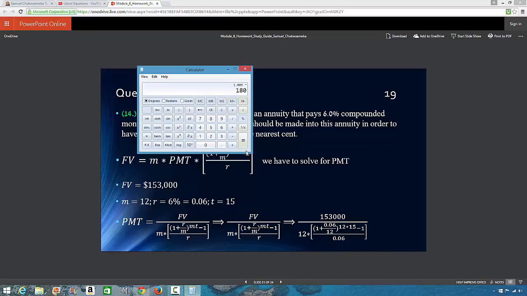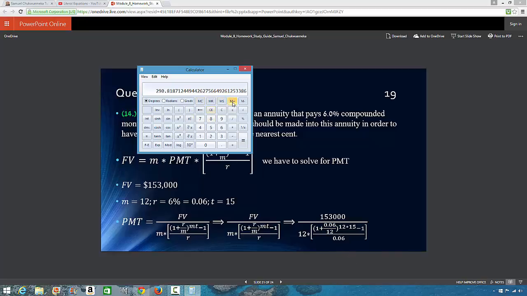Okay, raised to power 180 equal to, then I'm done with this, then minus 1 equal to, then divided by, so I now do this denominator in the bracket, divided by 0.06 equal to, then times 12 equal to.